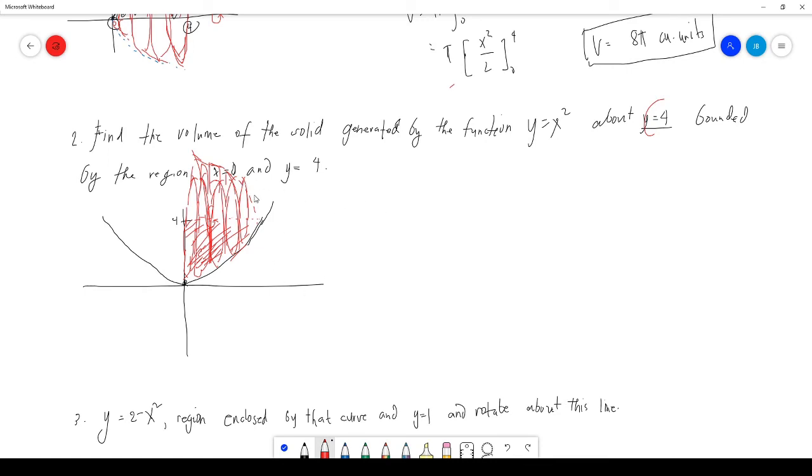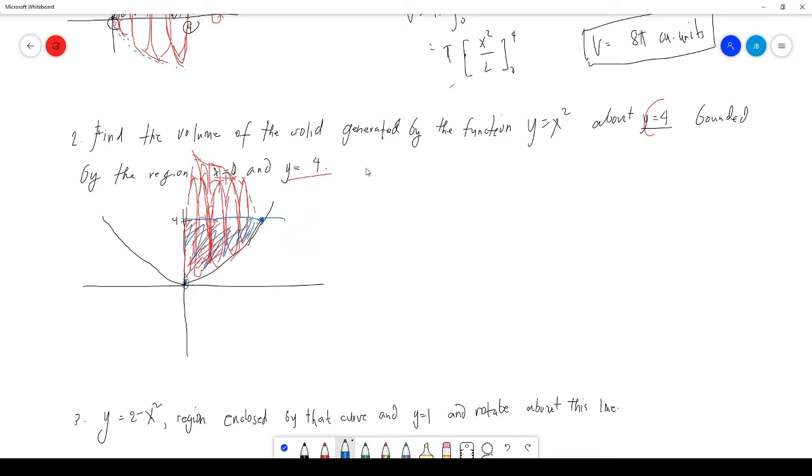Okay, now we have y is equal to 4 and x equals to 0. So this again right here is y is equal to 4. So let's use another color. So from this 0, then this is 4. What is the first step that we are going to do? We first need to find the point of intersection here. How to find the point of intersection?